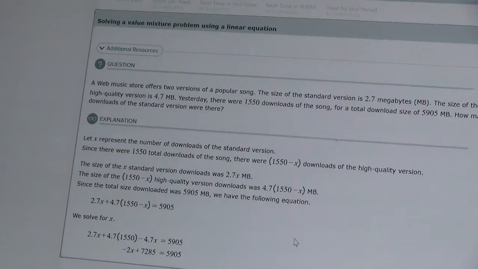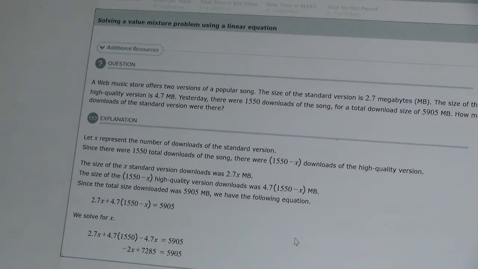So this is the one that said a web music store offers two versions of a popular song. The size of the standard version is 2.7 megabytes. The size of the high quality version is 4.7 megabytes. Yesterday there were 1,550 downloads of the song for a total download size of 5,905 megabytes.